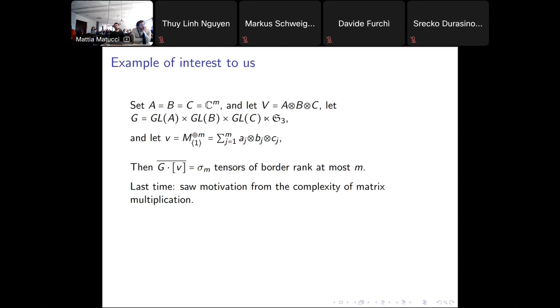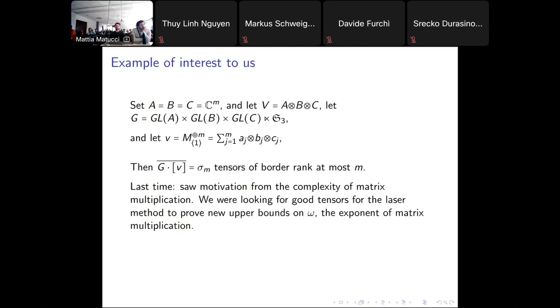And last time, we motivated this question from matrix multiplication, because we were looking for good tensors for the laser method. But you could forget about that and just think of this as an interesting question in algebraic geometry.